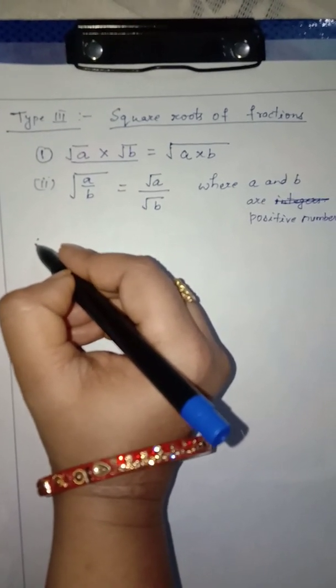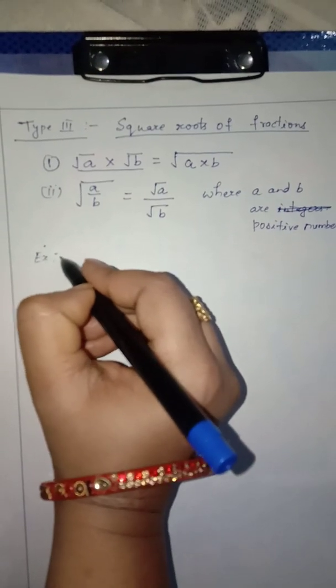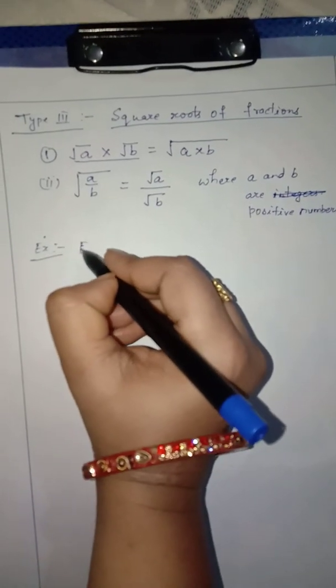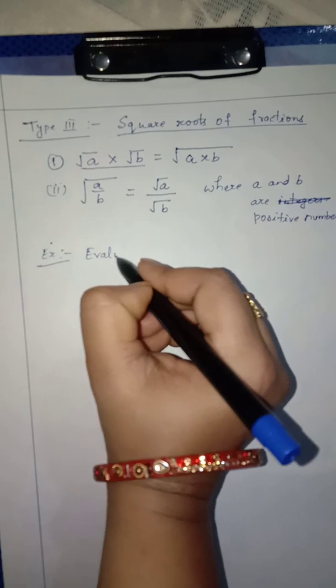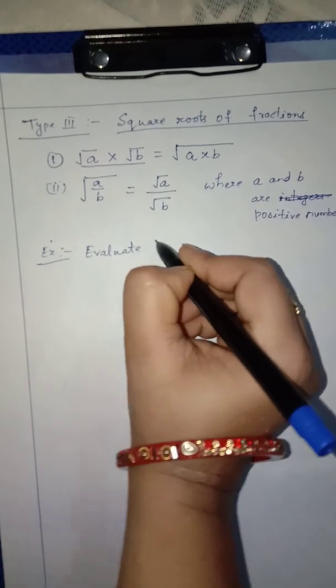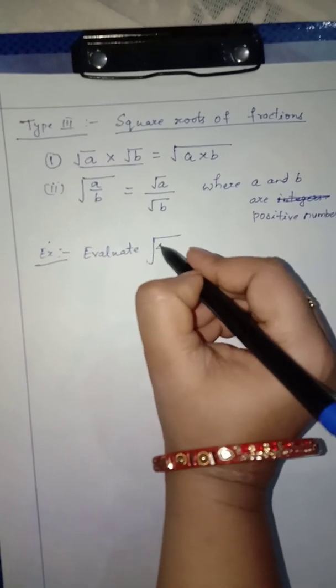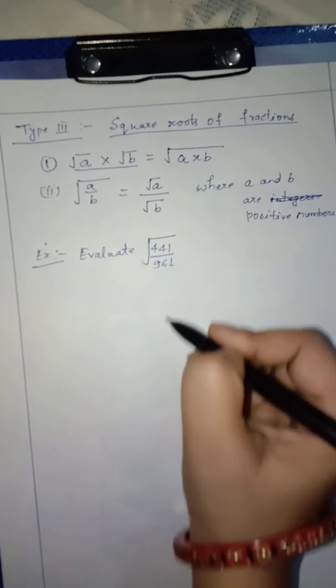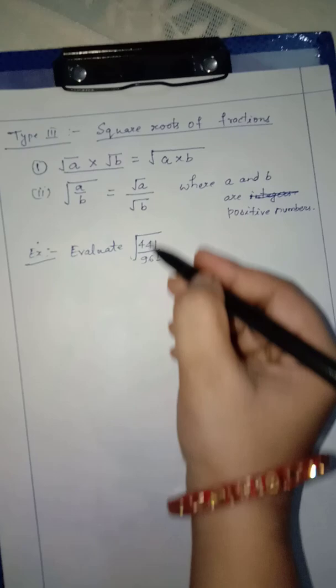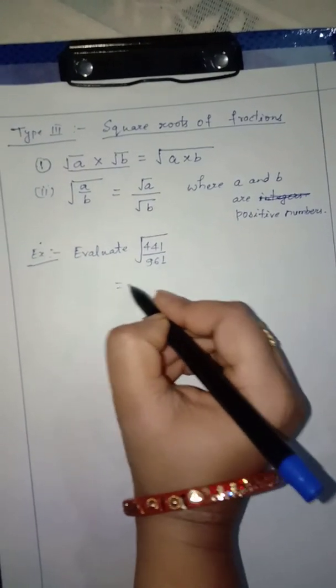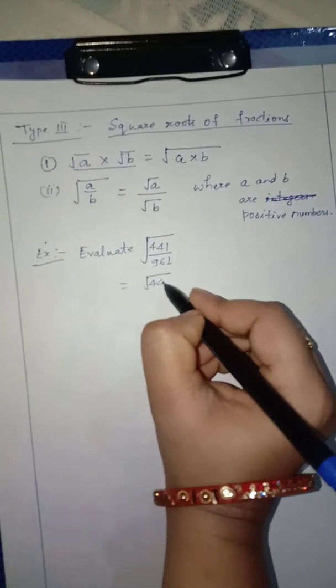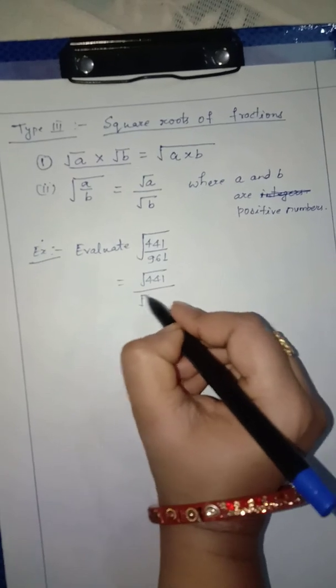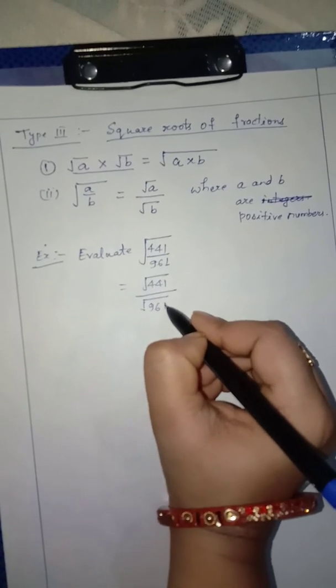Now see an example based on these formulas. The first example: evaluate the square root of 441 divided by 961. The second formula we will apply here: square root of 441 divided by square root of 961.